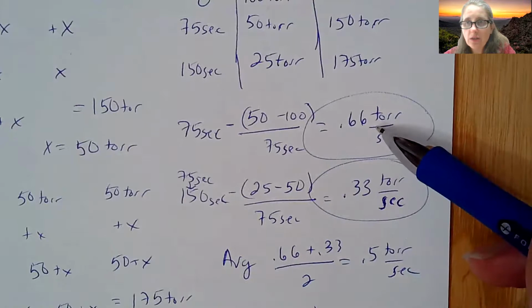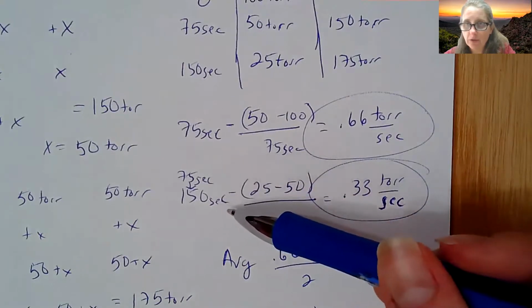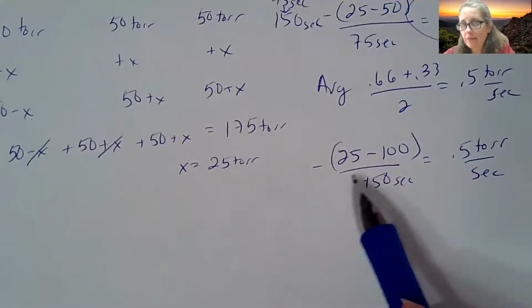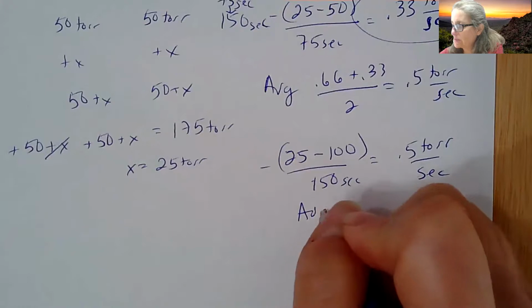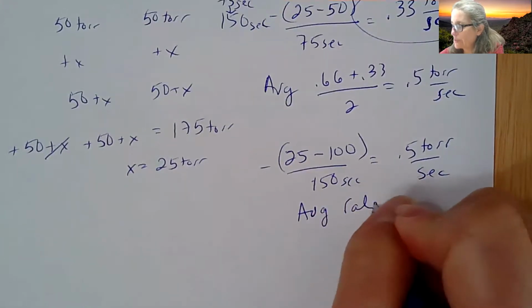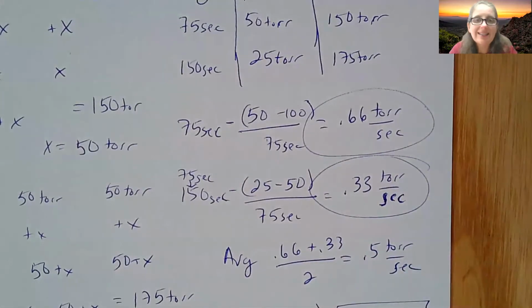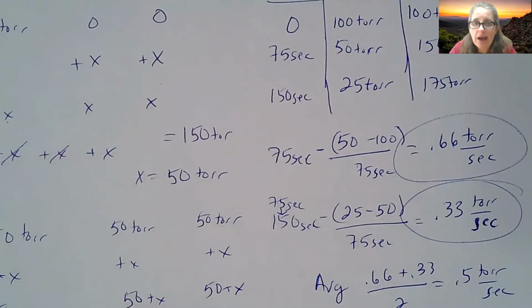So as you can see, the torrs are changing much more at the beginning than they are at the second 75-second interval, okay? So the reason I do this, you could have just taken the 25 and gone all the way to this step to find your average rate, because again, that's all we're looking for is the average rate, okay? But I wanted to show you this so you could see that rate changes as the reaction progresses.